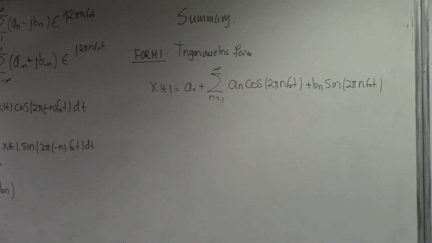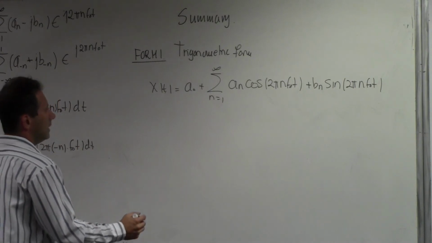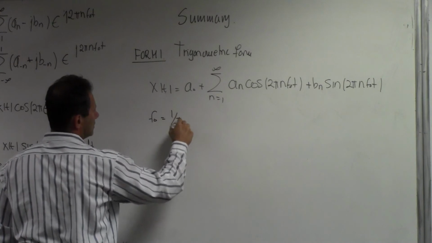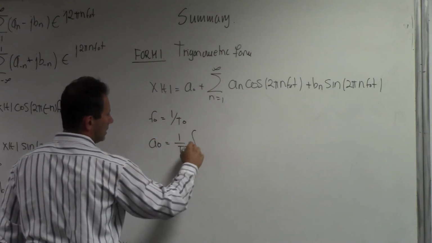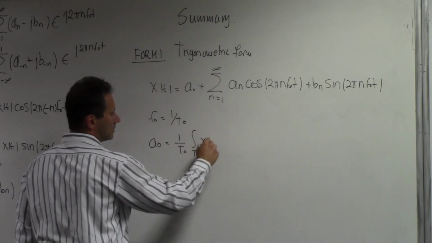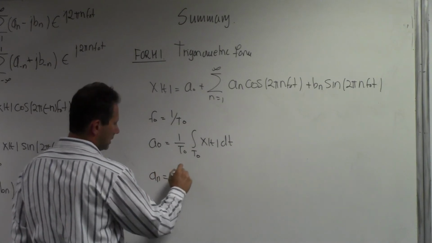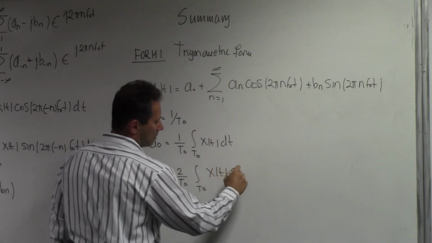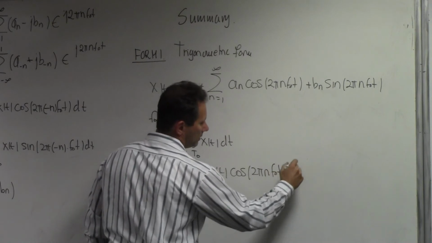And then the series is accompanied with calculation formulas that tell you how you derive these coefficients, the a's and b's. Here, f0 is 1 over t0. a0 is calculated as 1 over t0, integral over t0, x of t dt. an is calculated as 2 over t0, integral over t0, x of t cosine 2 pi n f0 t dt.